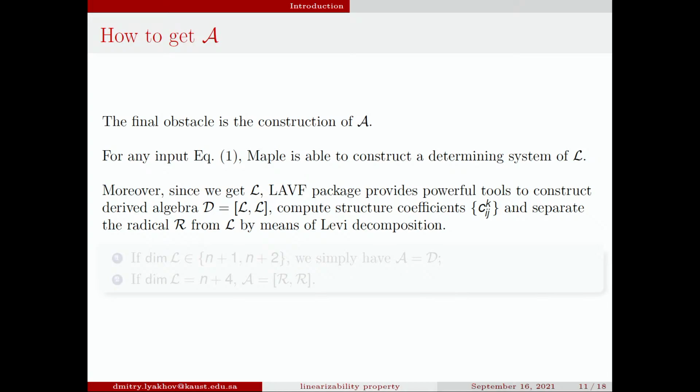Moreover, in Maple 2020, they added a new package called the algebra of vector fields package. It provides some powerful tools to construct the derived algebra, of course its determining system, and even the structure coefficients. And also, it can get the radical R of the symmetry algebra by means of the Levi decomposition algorithm.